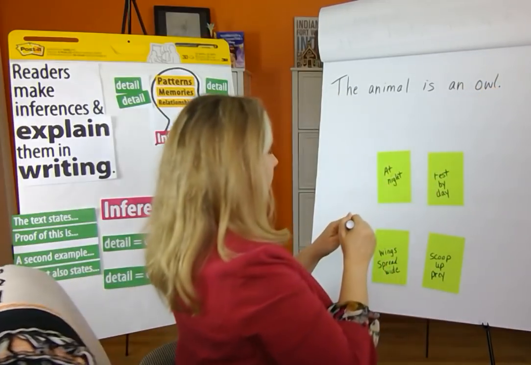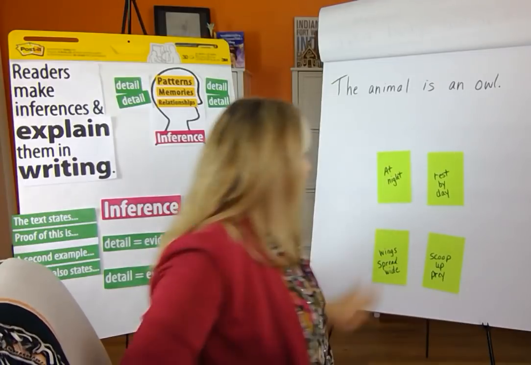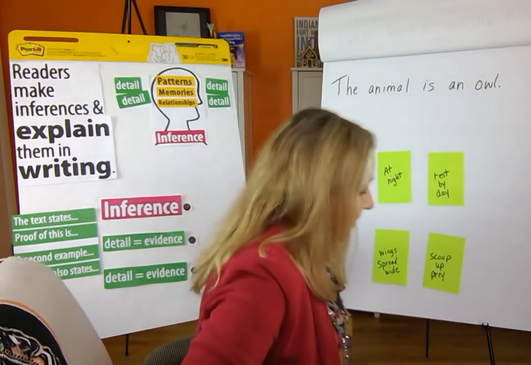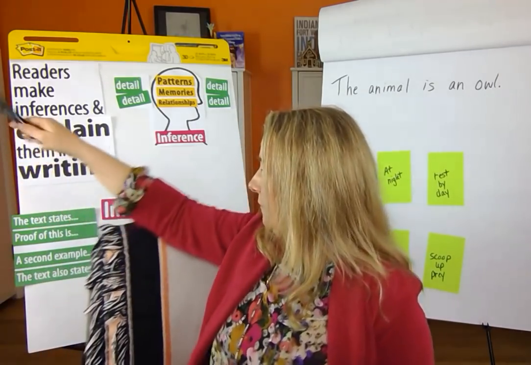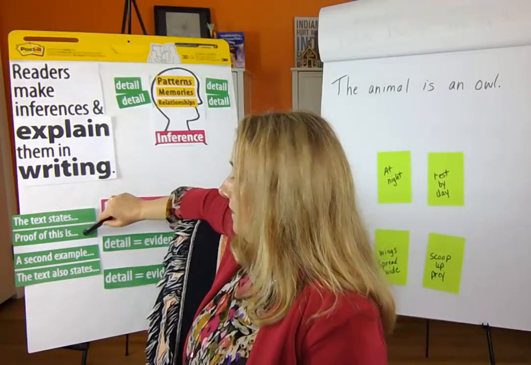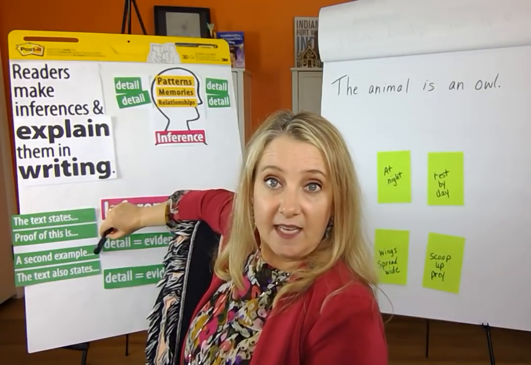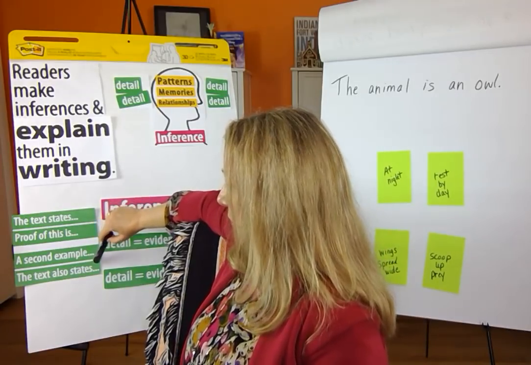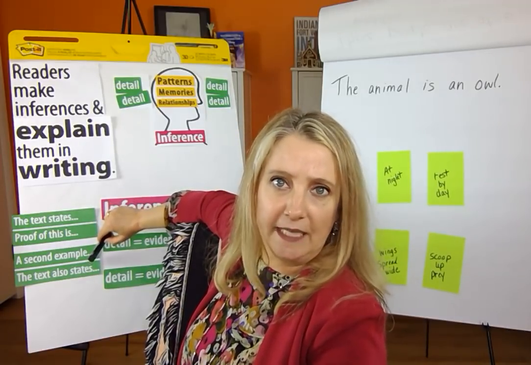Okay, good. Now, how do you want to start this next sentence? All right, we've got some of these different pieces here. The text states, proof of this is, a second example. Well, we haven't even done the first one, so we can't do the second one. The text also states, same thing. That needs to come for the second sentence.